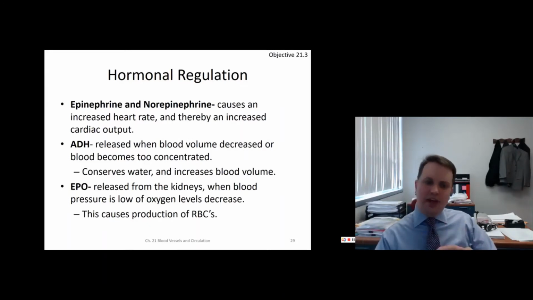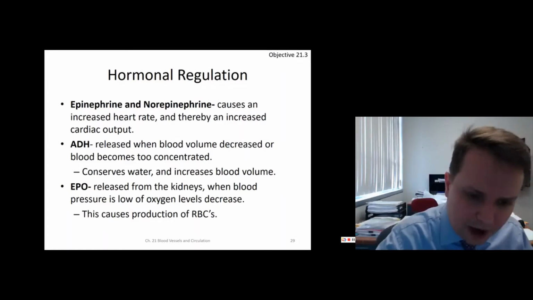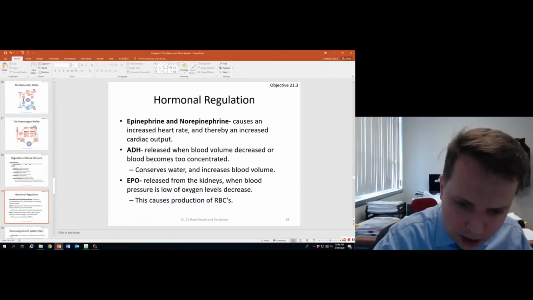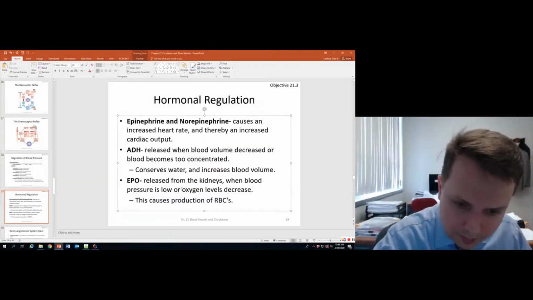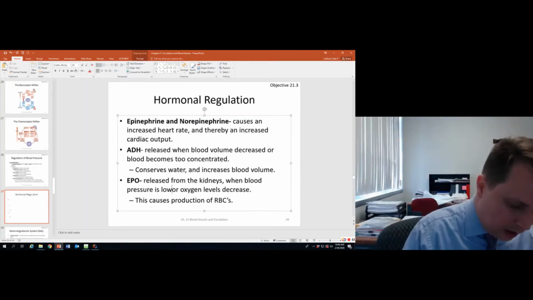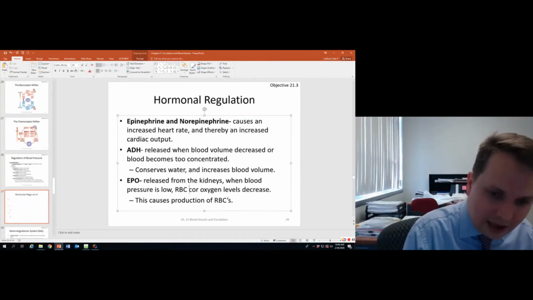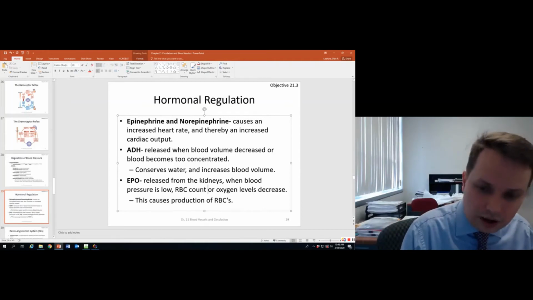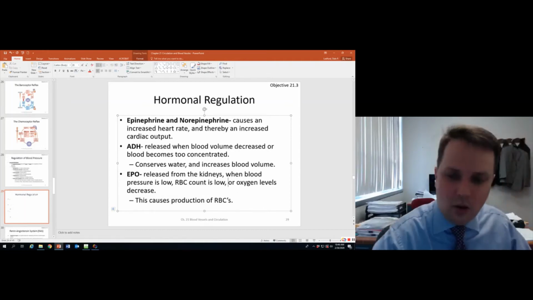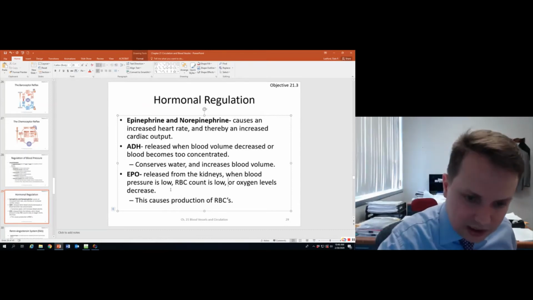EPO is released by the kidneys when you have low pressure or low oxygen levels, when we might want to increase red blood cell production, when we're anemic or hypoxic. When blood pressure is low, let me add that, RBC count is low, or oxygen levels decrease.